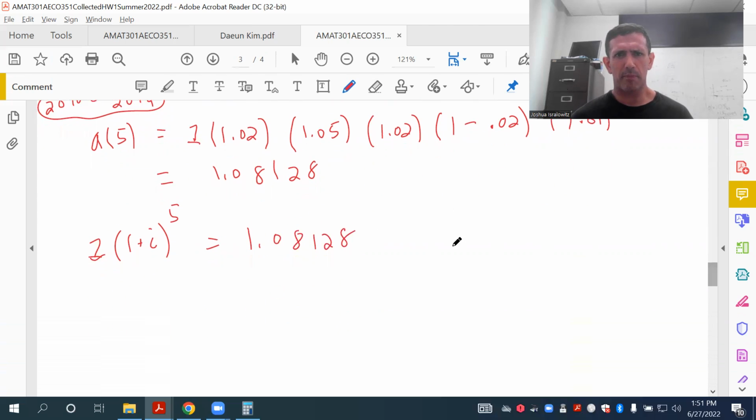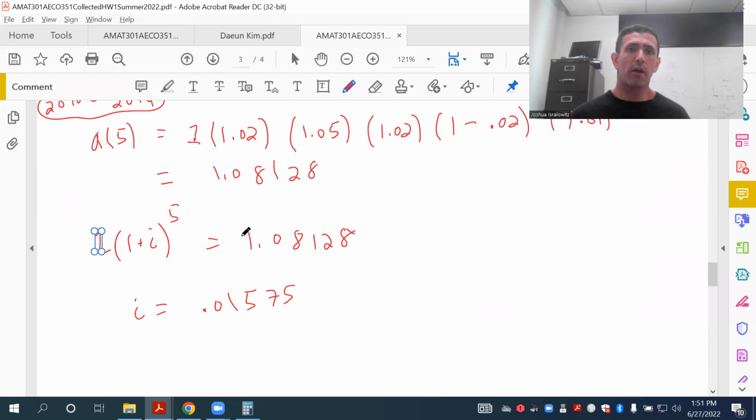Okay, so let's find that hypothetical interest rate. And that's going to be 0.01575. And remember, this is super practical stuff here. This is giving you a benchmark for the average growth over the 5-year period.